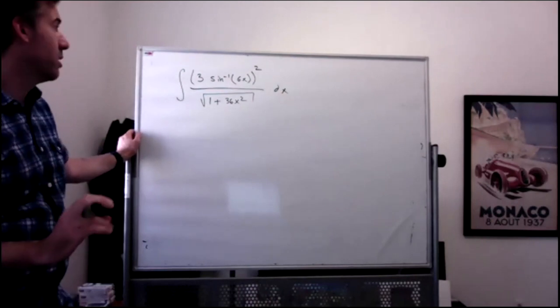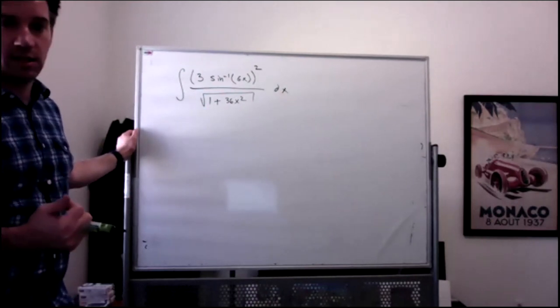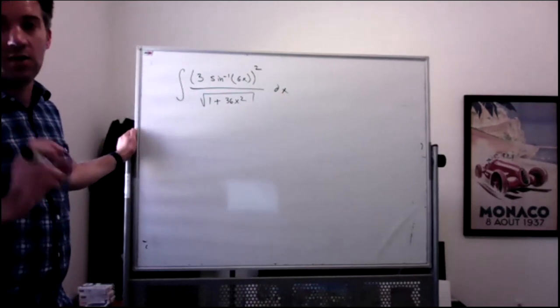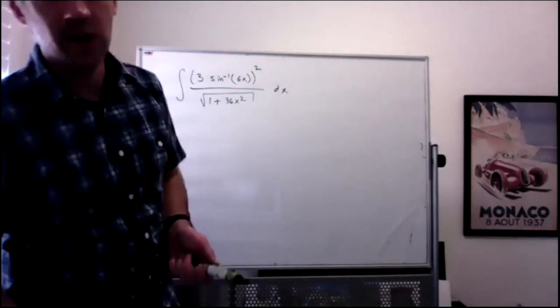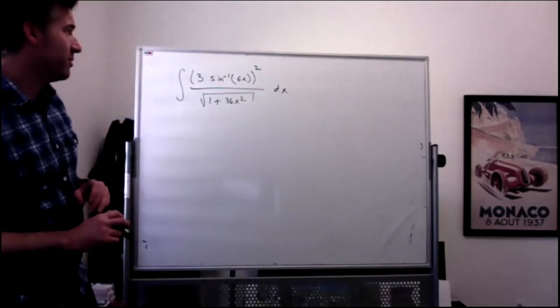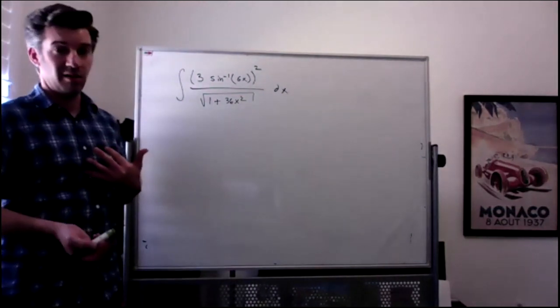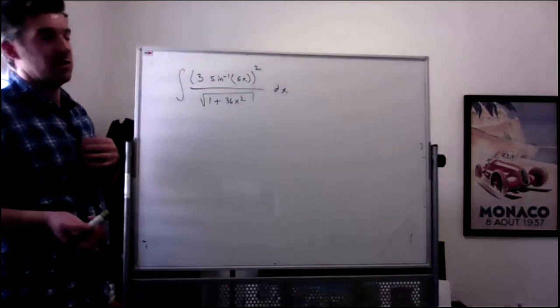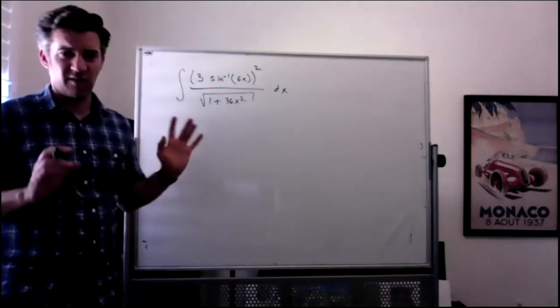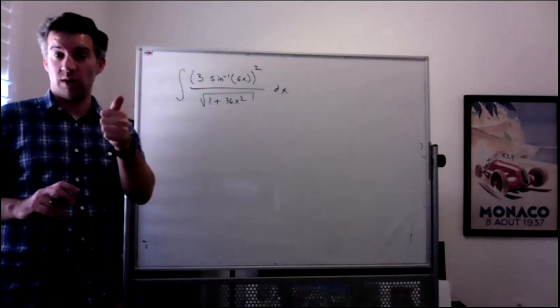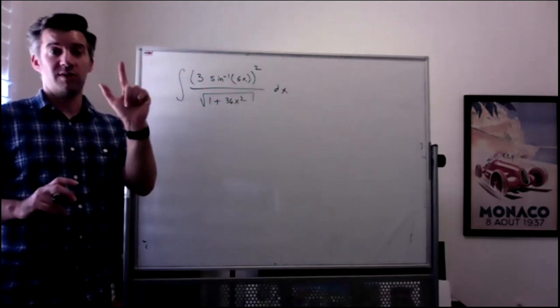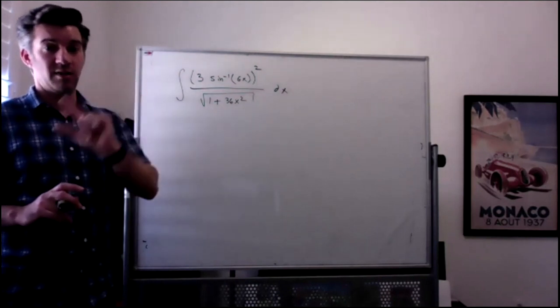Fine. When you're thinking u substitution, and that's all we're really thinking so far as methods, you're trying to think about, okay, is there something in here? You can kind of get tricked by this one, but we're looking for something whose derivative is also showing up. We're also looking for something that is trapped inside another function.